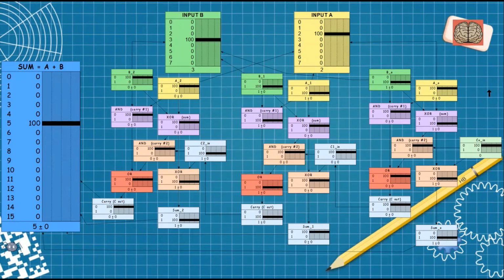I've put the full adders vertically. There's the full adder there, and then a full adder there, and a full adder there. How do they connect? In exactly the way you would expect. The carry out from one goes to the carry in of the next, and the carry out from the second to the carry in of the third. And there's a 3-bit adder.